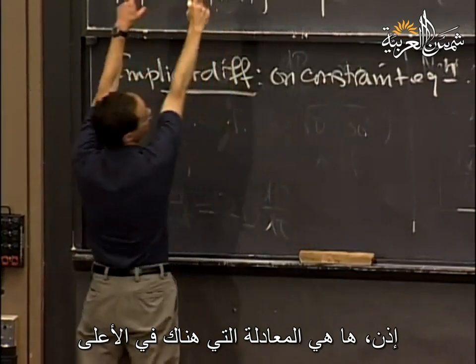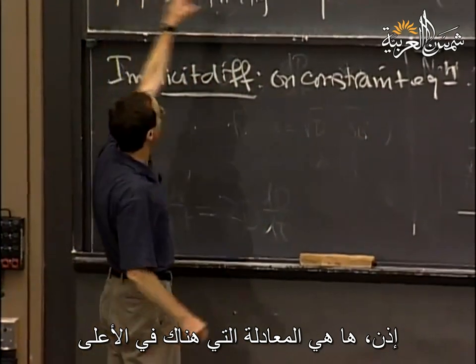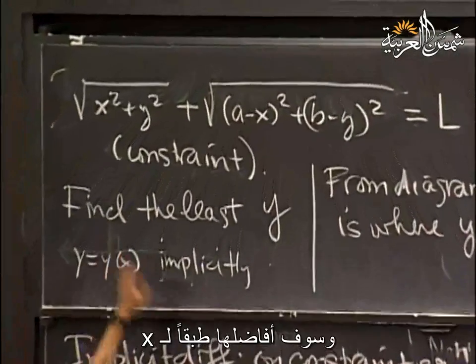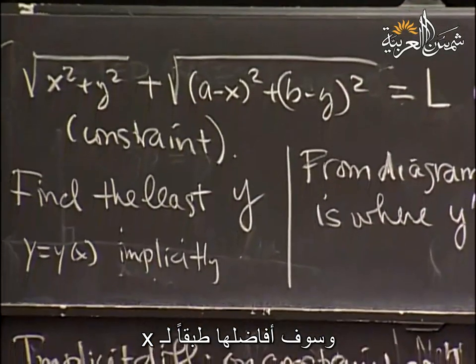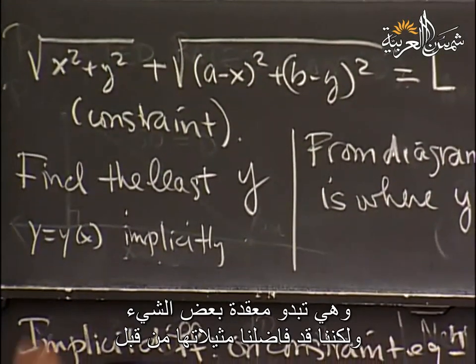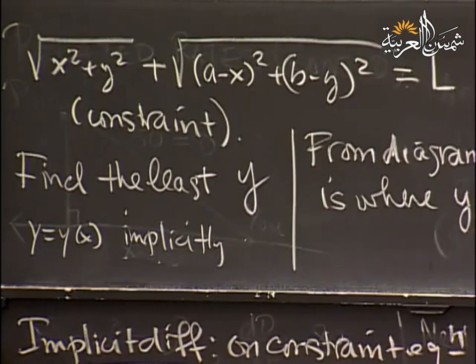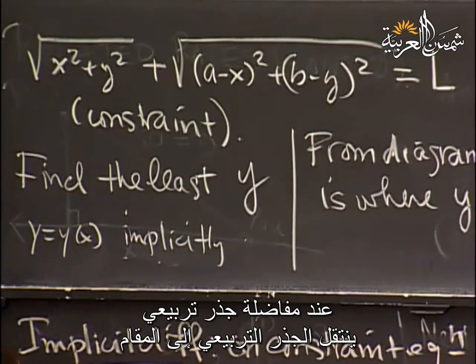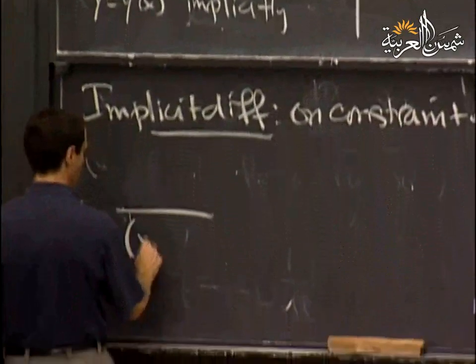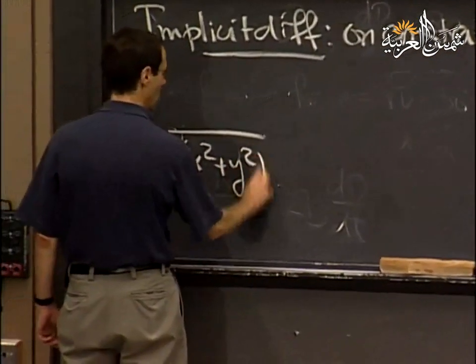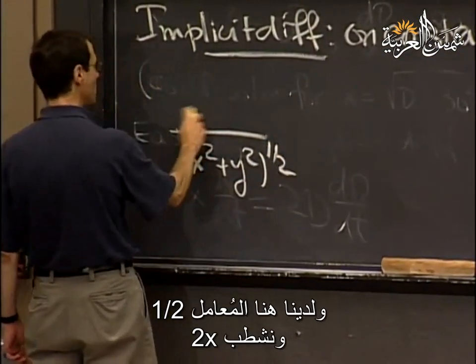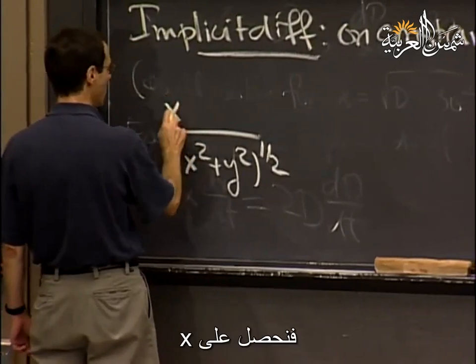That's the equation directly above me there at the top, and I have to differentiate it with respect to x. That's a little ugly, but we've done this a few times before. When you differentiate a square root, the square root goes into the denominator. And there's a factor of a half, so there's a 2x which cancels. So I claim it's this.